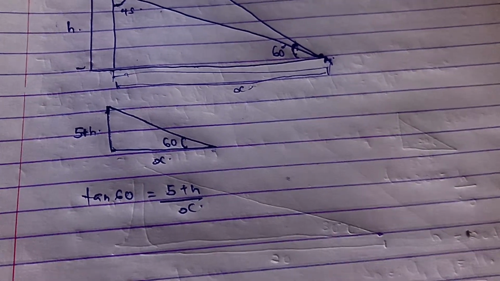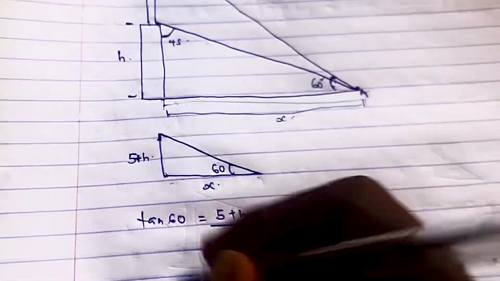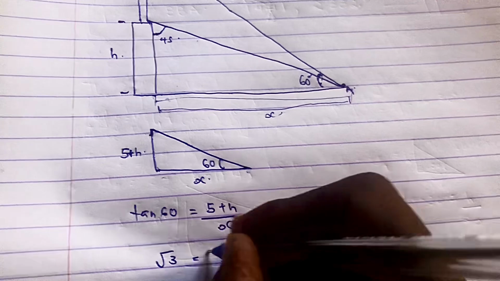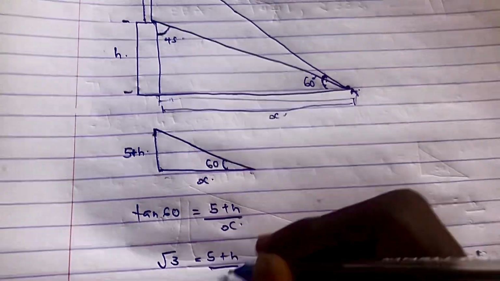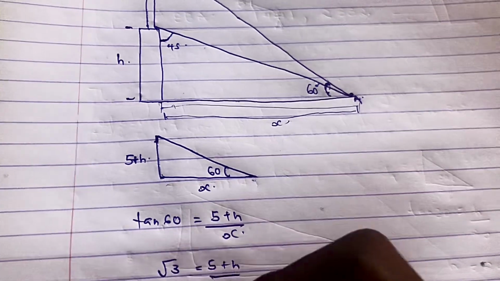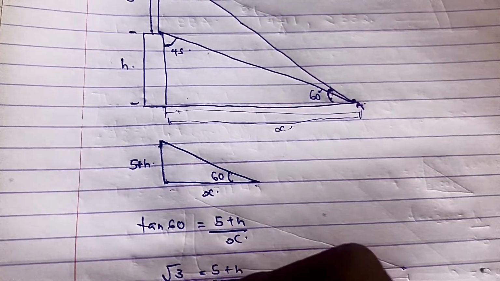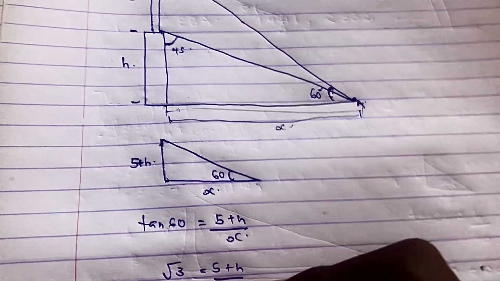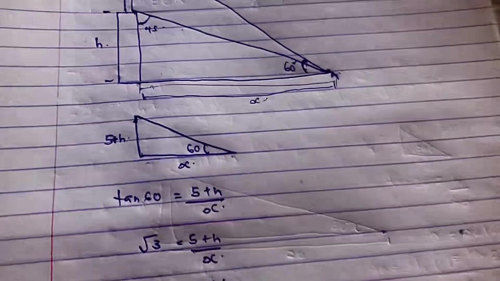Tan of 60 is root 3, so root 3 equals 5 plus h over x. So root 3 x equals 5 plus h.